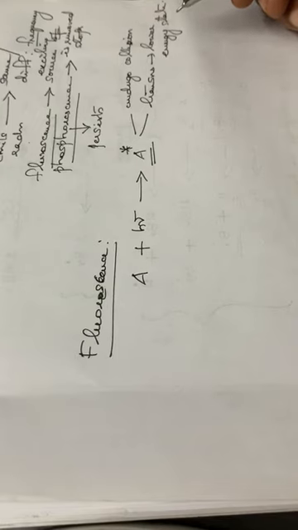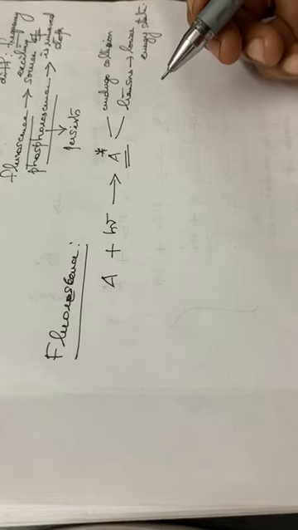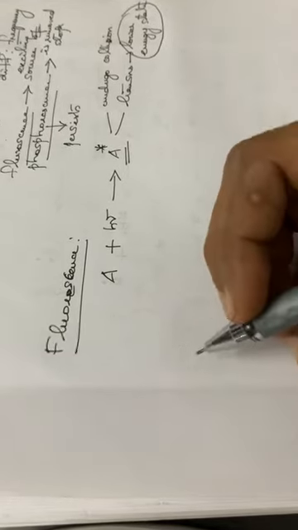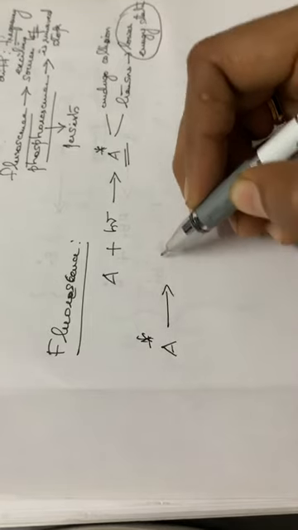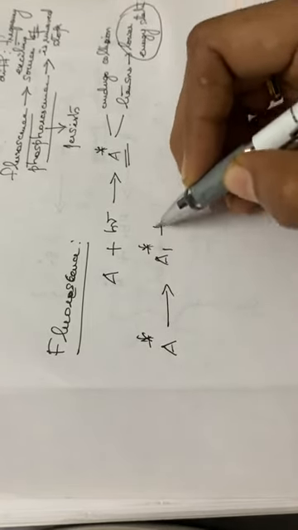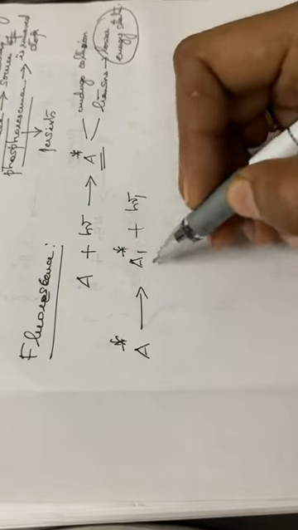So these radiations are emitted while moving to the lower energy state. We can write A star again giving A1 star plus h nu 1. It emits radiation to form A1 star.